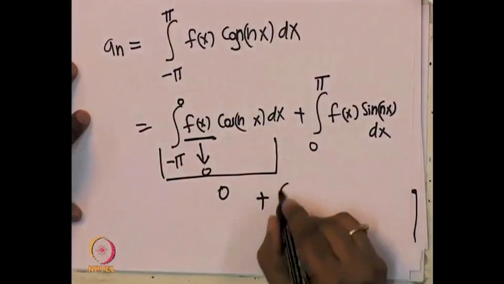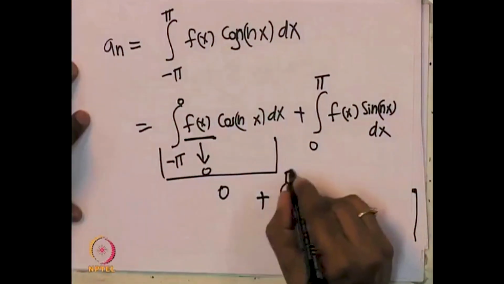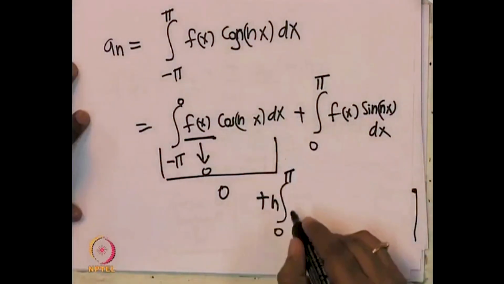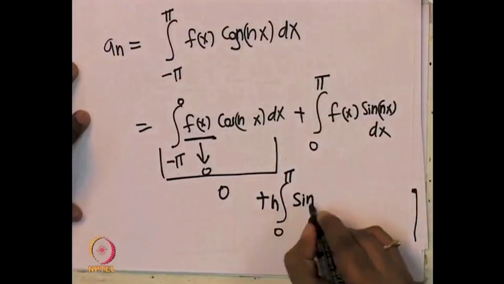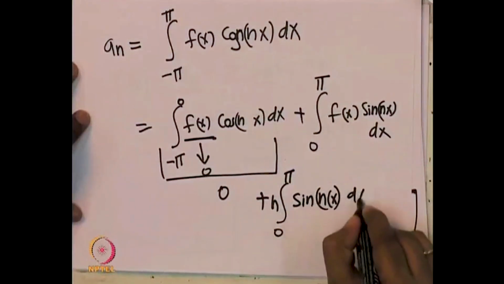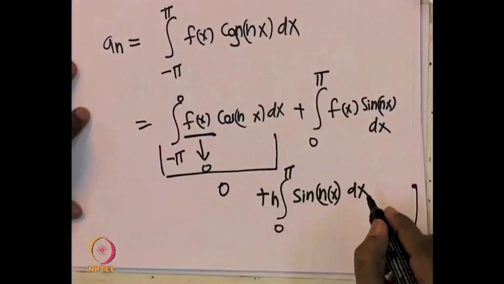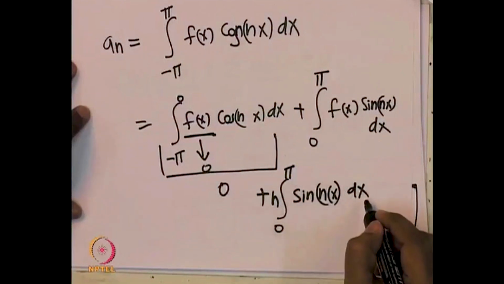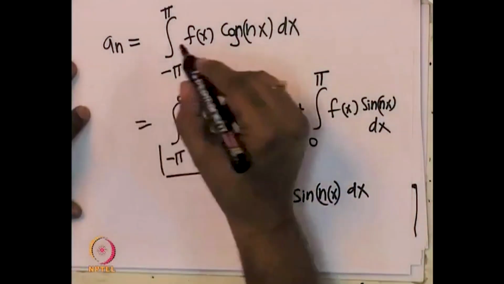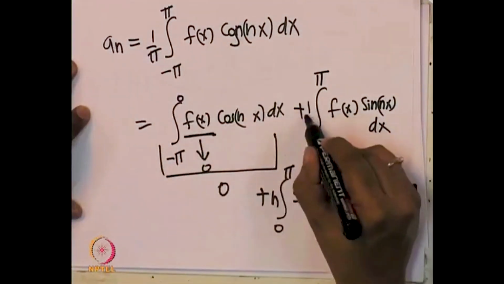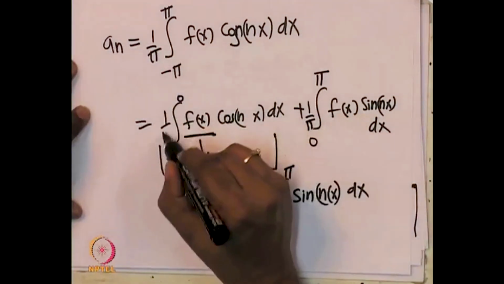Plus between 0 and pi, we know that f of x is a constant, let us call it h, which I can take outside. So, h into sin n x dx. There is an overall 1 over pi everywhere.